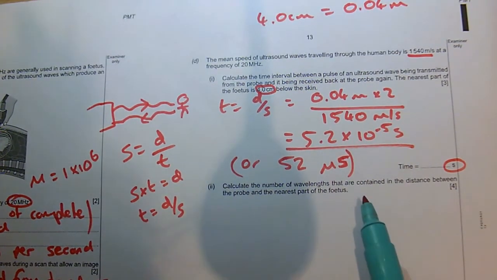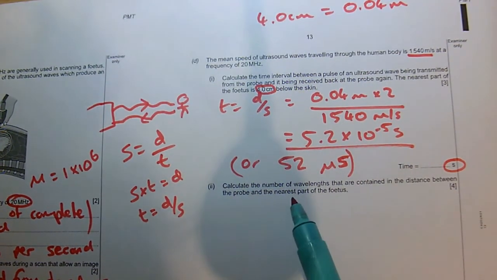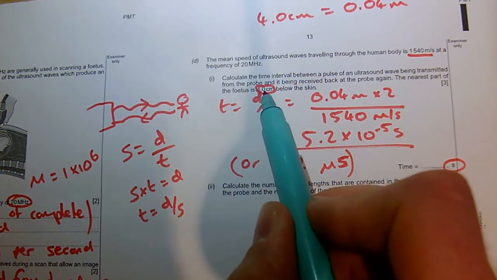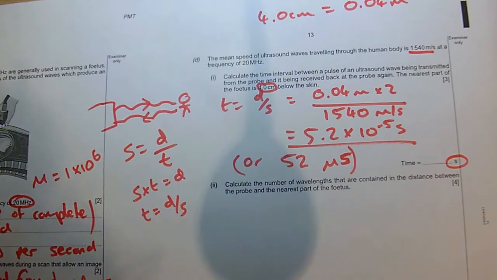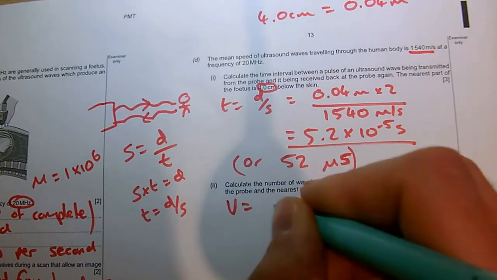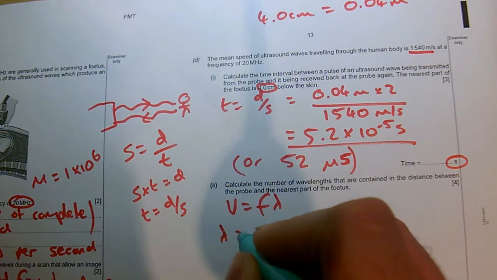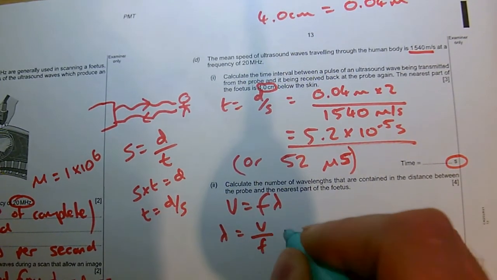How many wavelengths are contained in the distance between the probe and the nearest part of the fetus? So how many waves can we fit in 4 centimeters? Well, obviously we would need to work out the wavelength. So we should recall this relationship. The speed of a wave is the frequency times by the wavelength. So the wavelength is the speed divided by the frequency.